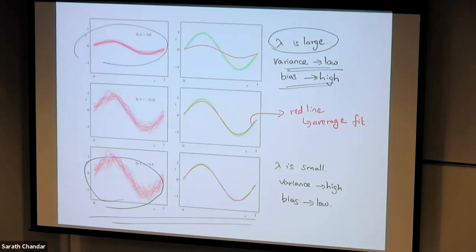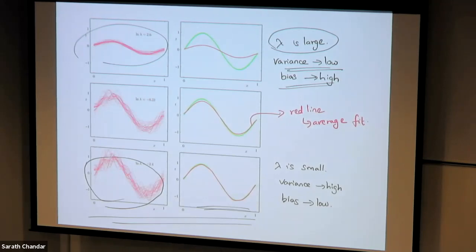But because this model had less bias, when I average these 100 functions, I get a function very close to the true function. What we are looking for is something in between, with low bias as well as low variance, which often happens when the lambda value is something in between.